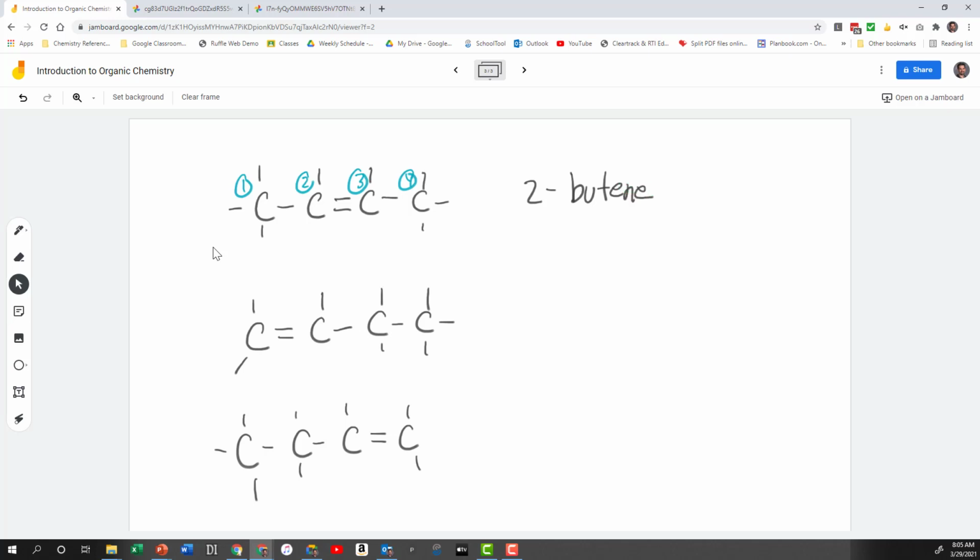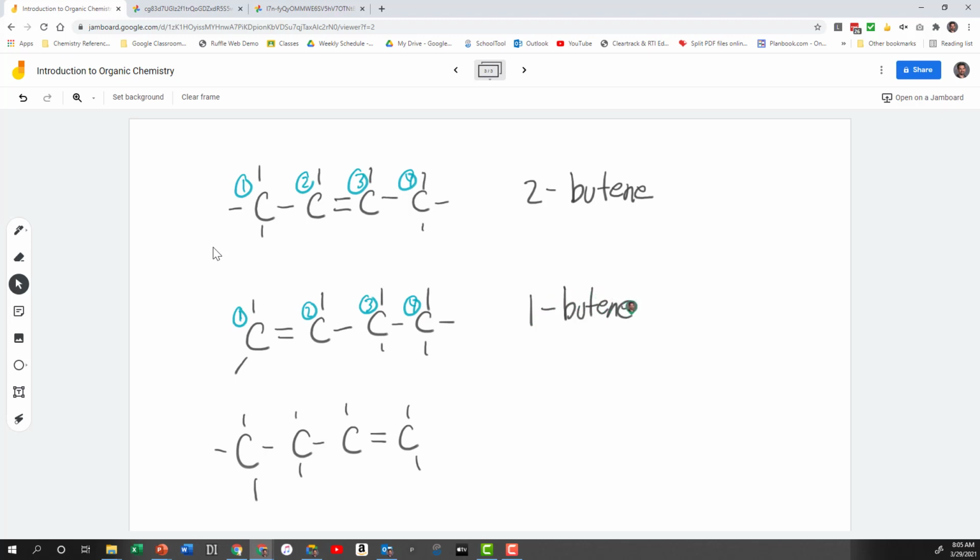Now this next one, because the double bond is coming off of the 2 carbon, you choose the number that is the lowest. Now let's number these: 1, 2, 3, 4. What do you think we call this one? Yep, this is going to be 1-butene.